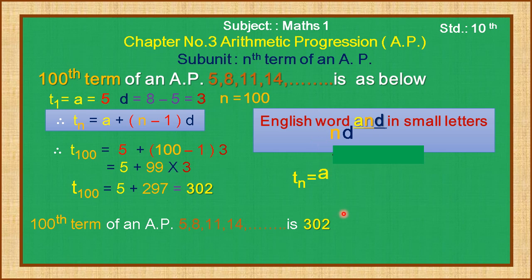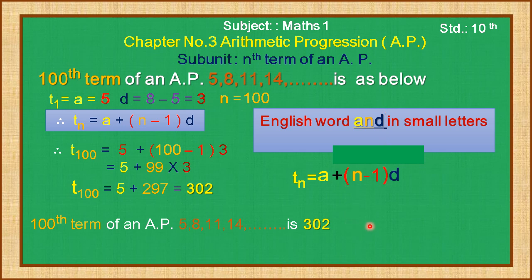Firstly write the letter A, give a space between A and N, write the N, and the third letter D. Write the plus sign between the two letters A and N. Write N minus 1 between the two letters N and D, and write the bracket outside N minus 1.